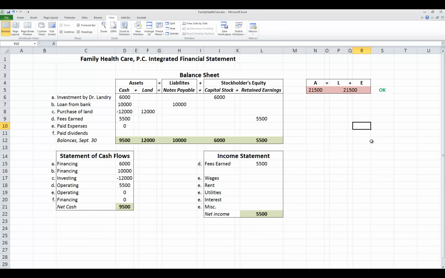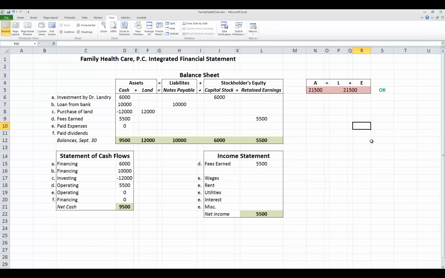Now if we go down to our statement of cash flows, we can see that transaction D is an operating cash flow. So the fee income takes place through our operations, and therefore the cash that comes in is operating cash flow, positive operating cash flow. Now on the right-hand side under stockholders' equity, you will see that we still have our $6,000 in capital stock.